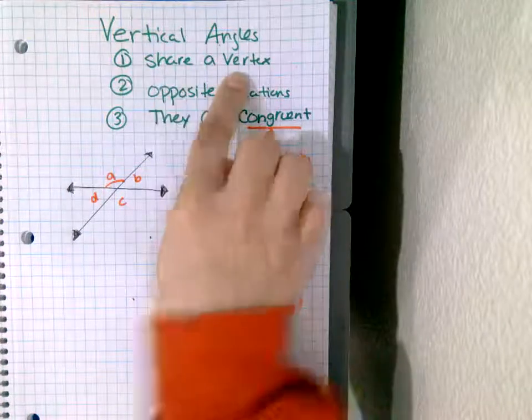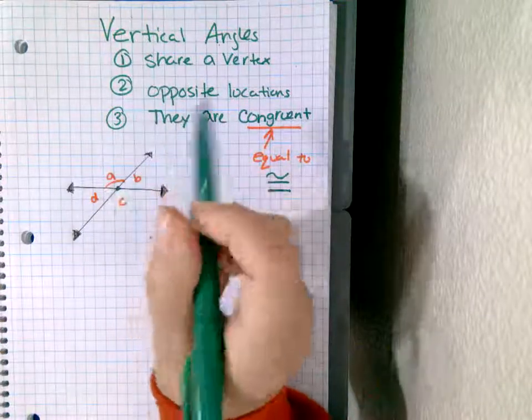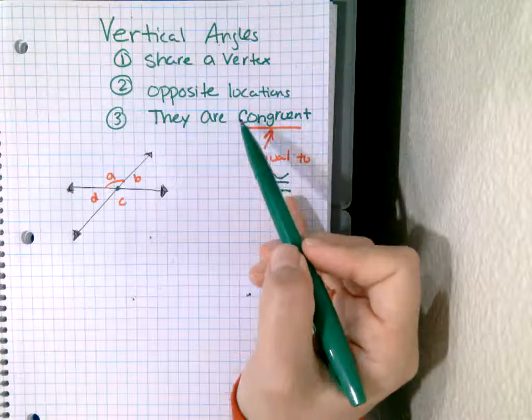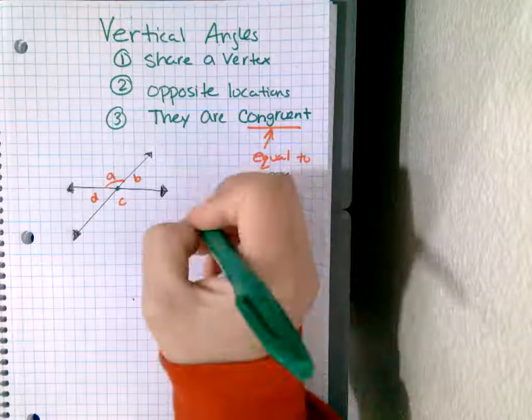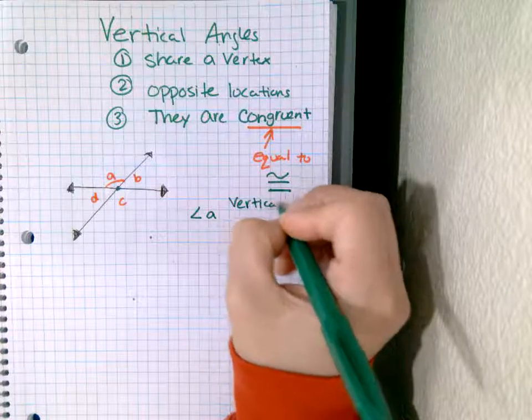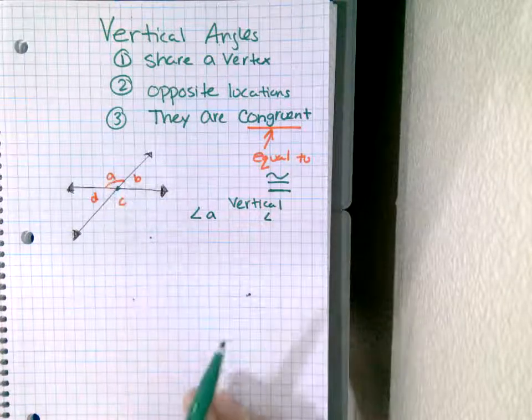Vertical angles share a vertex, which in this case is right here. That would be your vertex. They're on opposite locations, so top, bottom, left, right. And they are congruent. So angle A is vertical to what angle? Angle A is vertical to what angle?